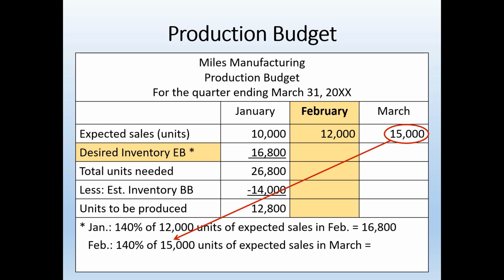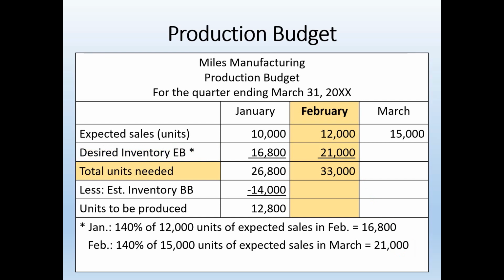Multiply that by their 140% inventory, and that tells us that in addition to the 12,000 units that they expect to sell in February, they need an additional 21,000 units for the end of February going into March.